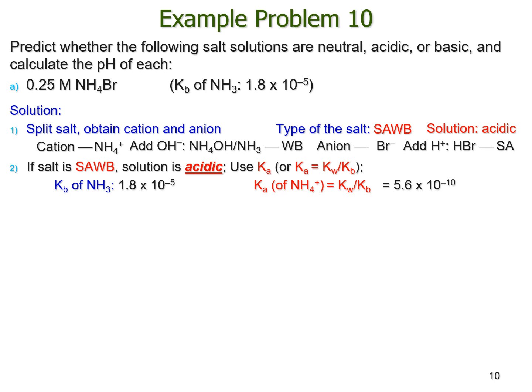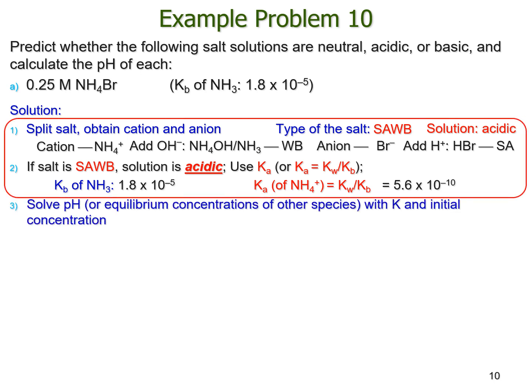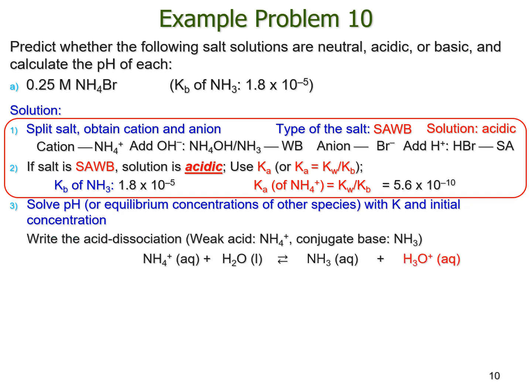Okay, keep in mind, the solution of the salt is acidic. We use Ka, so for the reaction here, H3O plus must be the product. That is very important. Do not give me OH minus, because that's not the logic.